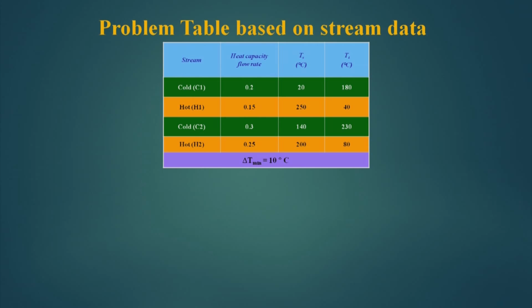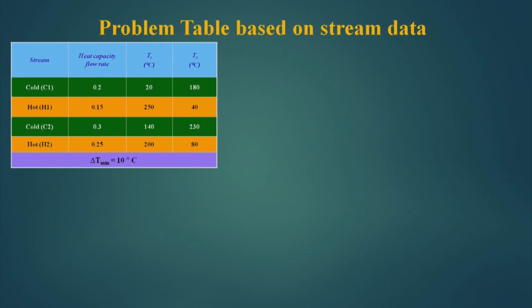Based on this logic, the problem table algorithm has been devised, and let us take an example and demonstrate it. For this, we take an example where there are 2 cold streams, 2 hot streams, and delta T minimum is 10 degree centigrade. First, the job is to convert the temperature levels into shifted temperature levels.